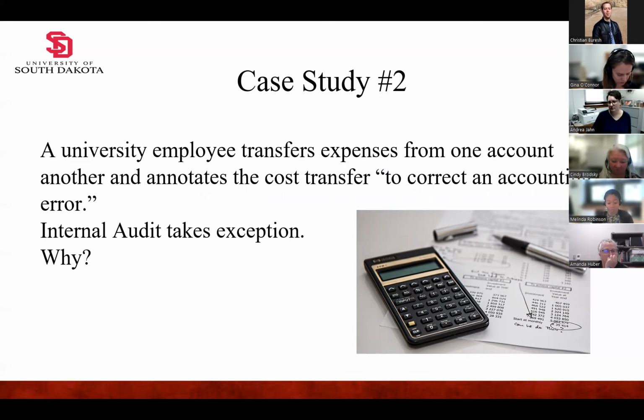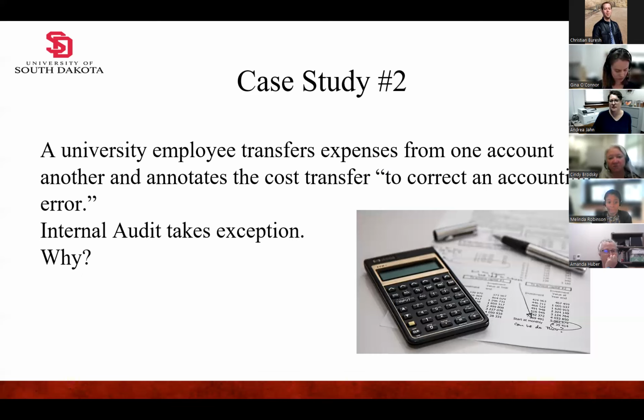So internally, we're asking why. There's a poll that's up for cost transfer.